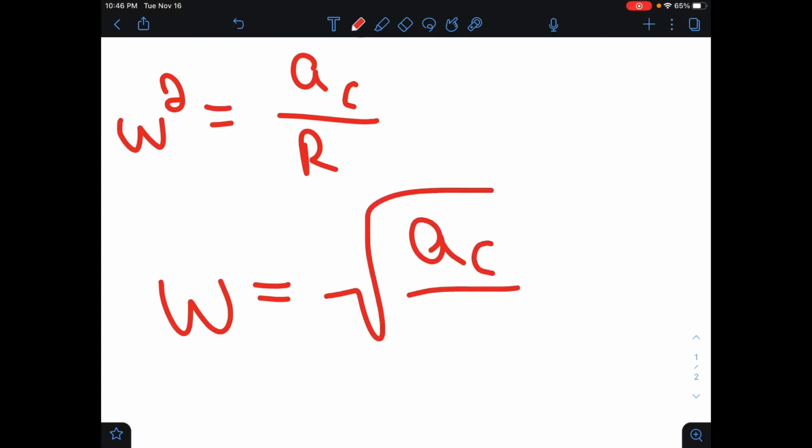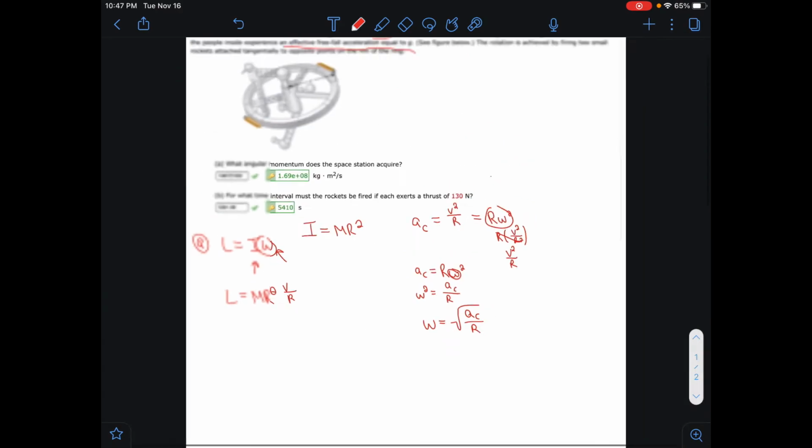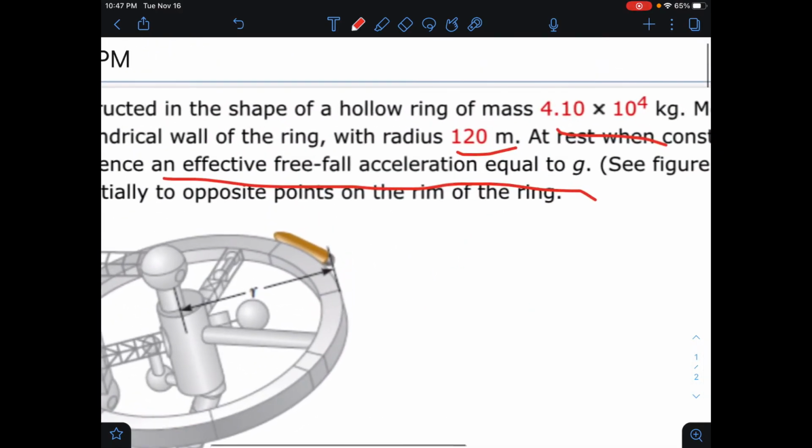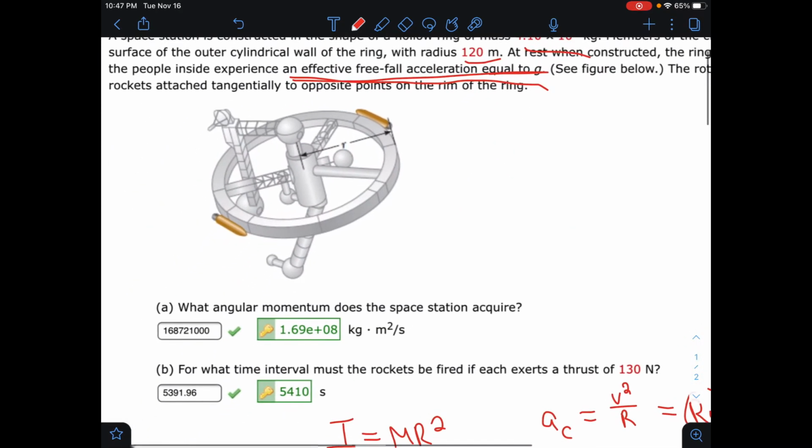but we do not keep it as a_c. You want to know why? Because this free fall acceleration is equal to g, so that's what we're going to call it.